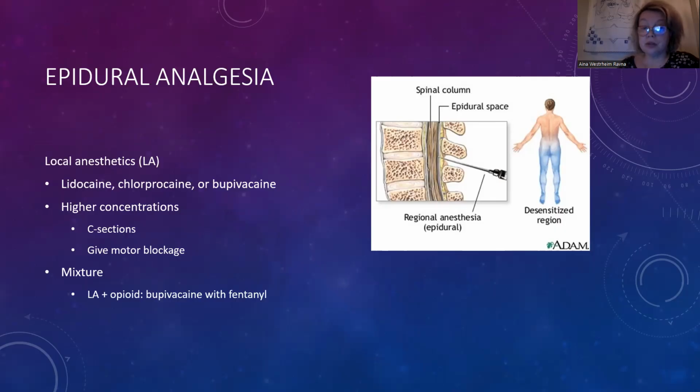And they are given in higher concentration for C-section, and they also give motor blockage in C-section. They are mostly given as a mixture, a local anesthetic and an opioid. For instance, bupivacaine with fentanyl.